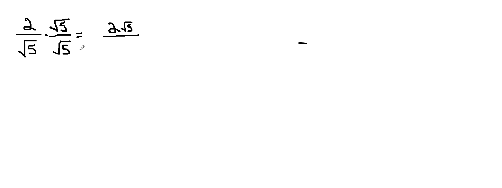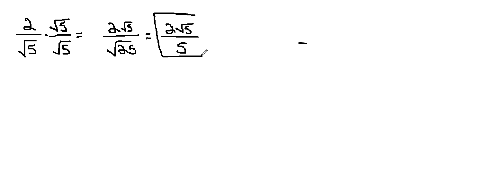Okay, and that's going to be divided by, what's the square root of 5 times the square root of 5? Well, if I did it one extra step here, it's the square root of 25. And we know the square root of 25 is 5. So I got 2 root 5 divided by 5. And this would be my answer I'm looking for. The radical sign is gone from the denominator. Okay, next example.